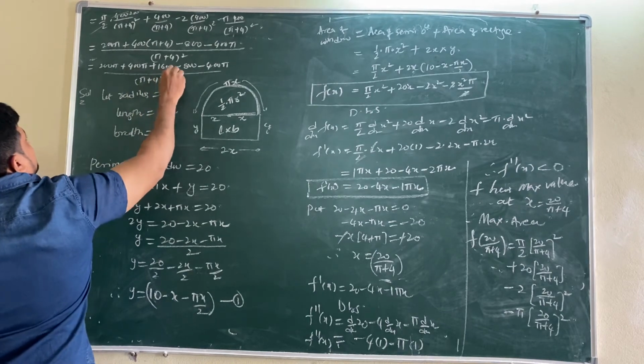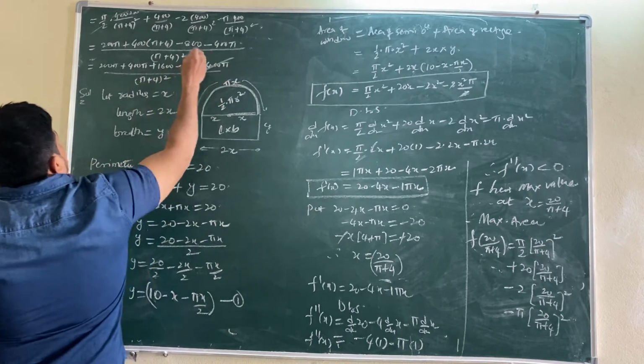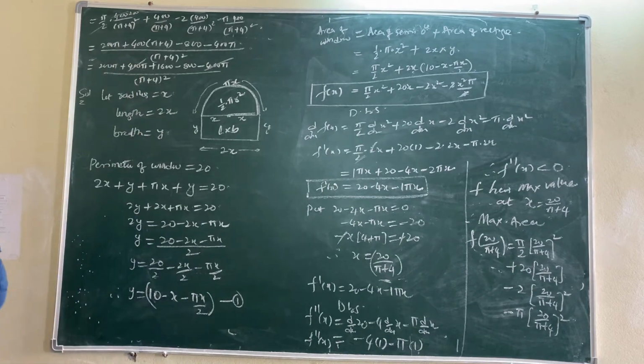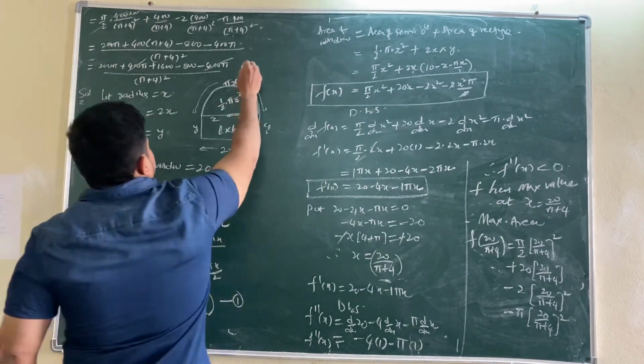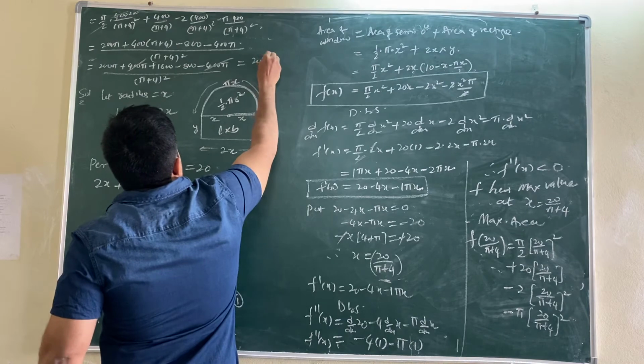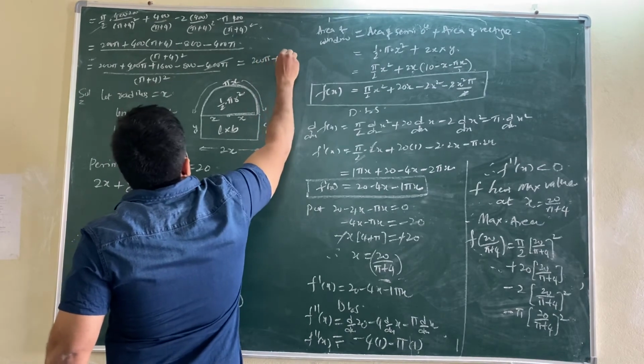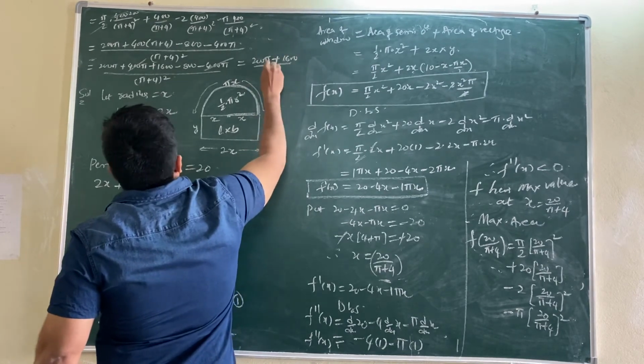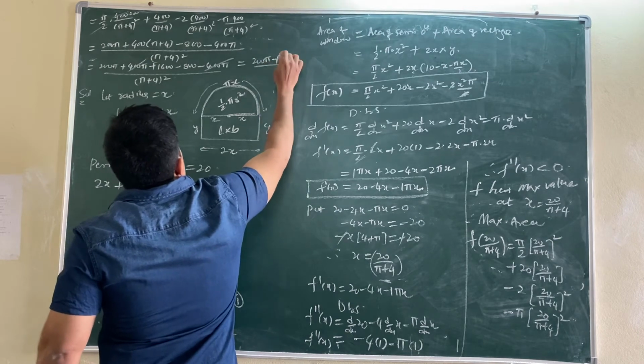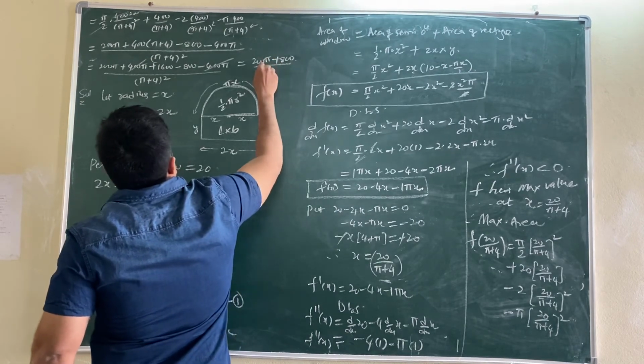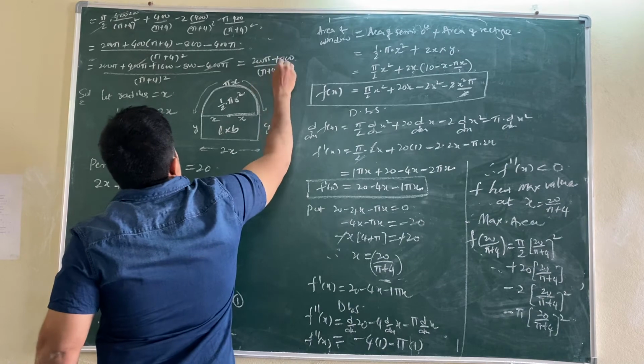These two cancel. 200 pi minus 800, so 800 we got, over pi plus 4 whole square.